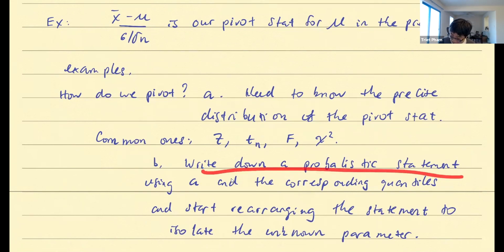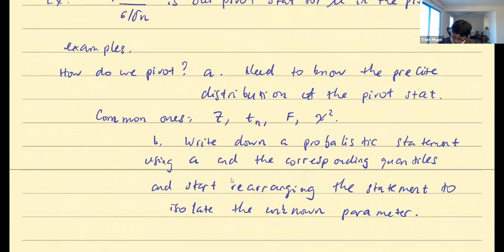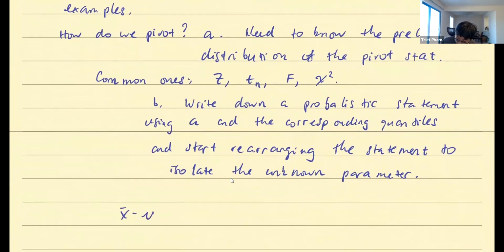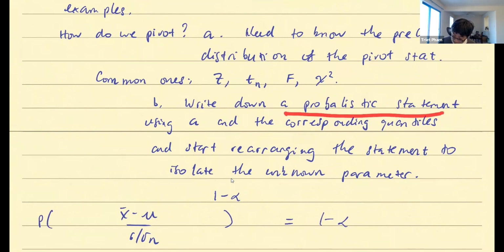So write down the probabilistic statement using A and the corresponding quantiles. What do I mean by this? Let's take this and see what it means. My pivot stat is x bar minus mu over sigma over root n. I know exactly it's standard normal. So if my target is 1 minus alpha, that's a confidence level, then I just need to make some statement that has 1 minus alpha probability. That's what I mean by write down a probabilistic statement using A and the corresponding quantiles.